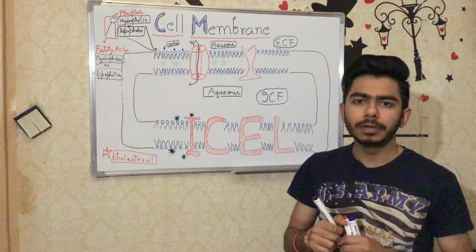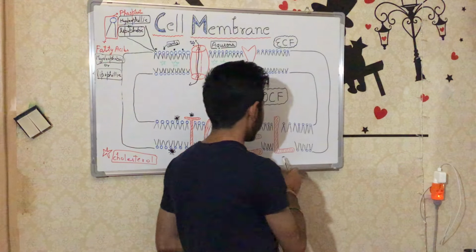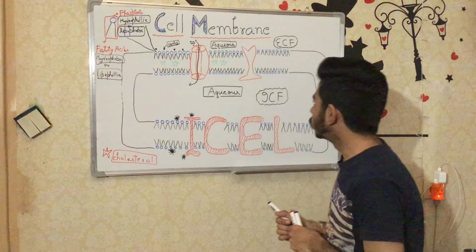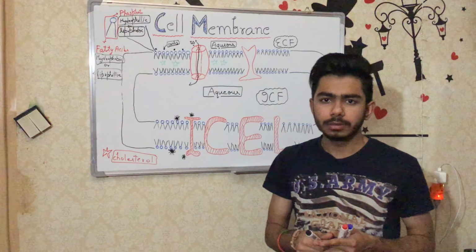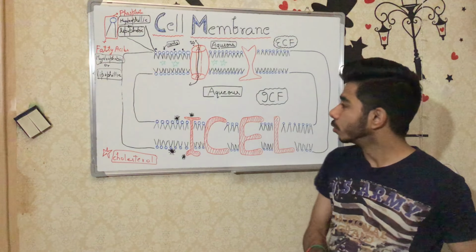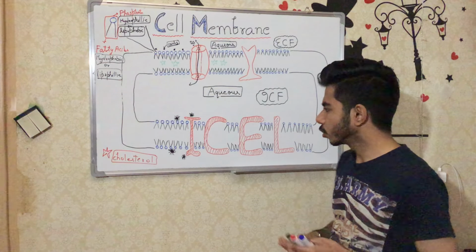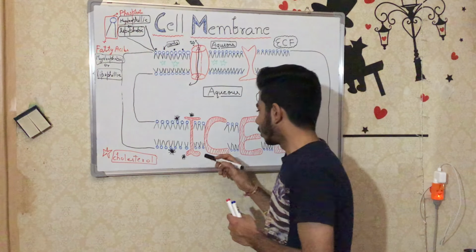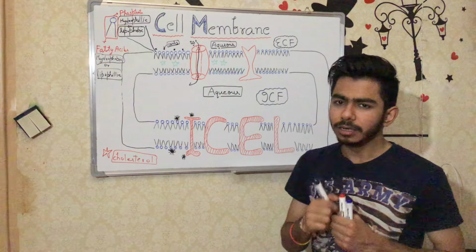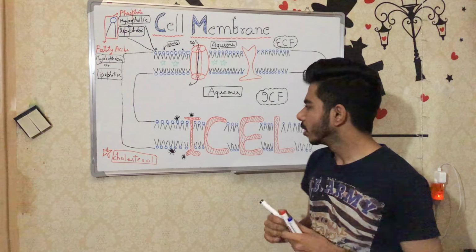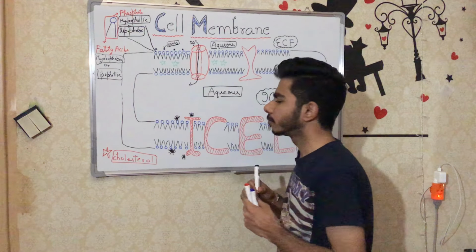Also they have the linker proteins. You can see the linker proteins over here. And they do have receptors too. Over here I have drawn this structure for the receptor. So let's talk about these structures. First of all, let's talk about the integral protein, or the transmembrane protein.